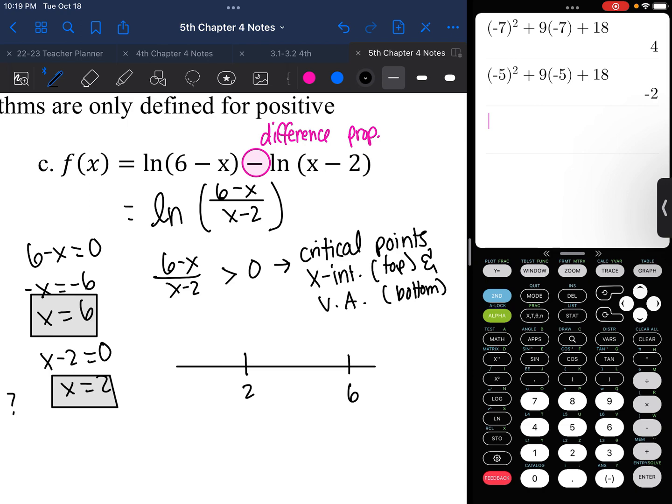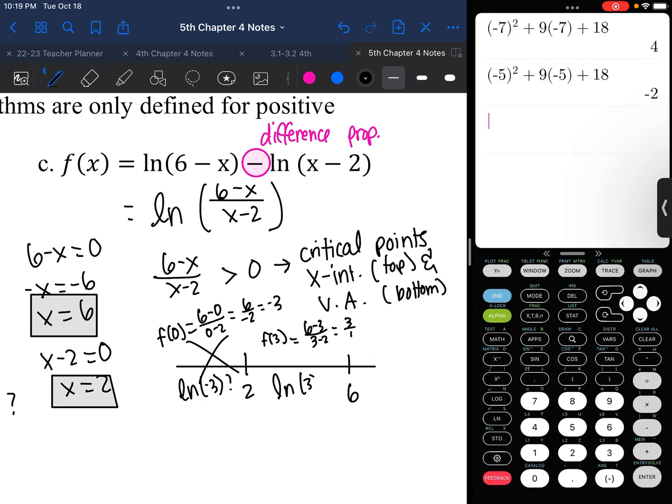So we'll start with f of 0, would be 6 minus 0 over 0 minus 2, which would be 6 over -2, which would be -3. And can we take the natural log of -3? No. Then we can try f of 3 here would be 6 minus 3 over 3 minus 2. So that would be 3 over 1. Can we take a natural log of 3?